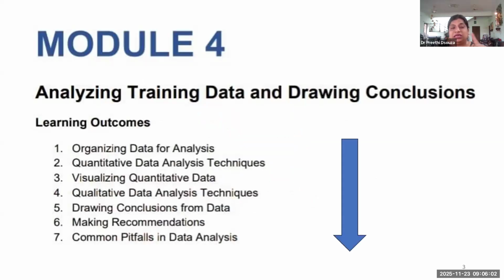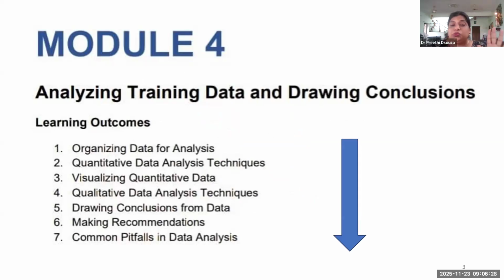Here, the first one is organizing data for analysis. There are two types that we have taken, quantitative and qualitative. You will identify the quantitative data analysis techniques, parametric, and qualitative data analysis techniques. Third is visualizing quantitative data.